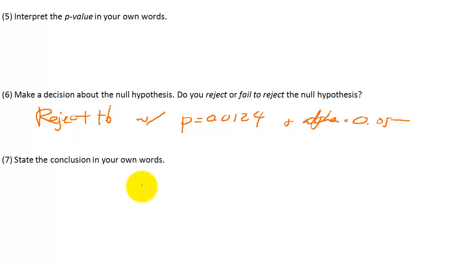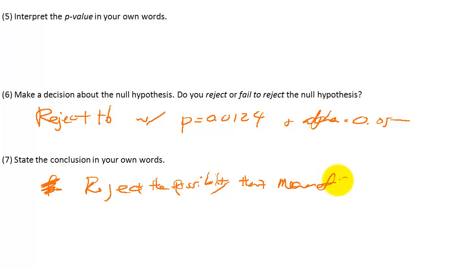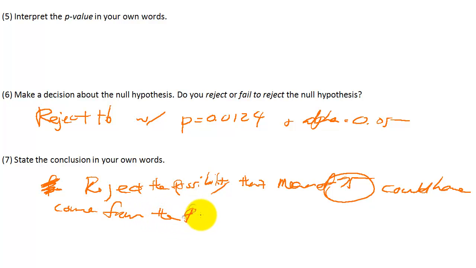State a conclusion in your own words. The conclusion is, it is highly unlikely, so reject the possibility that the mean of 75 could have come from the population of mean 80 and standard deviation of 20.